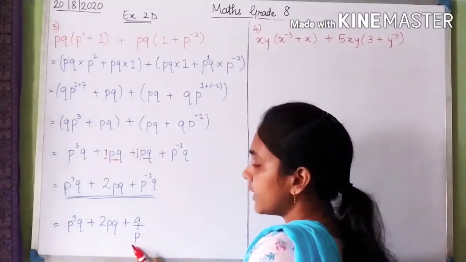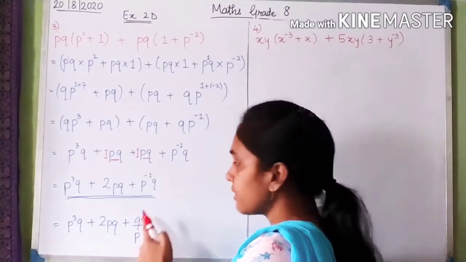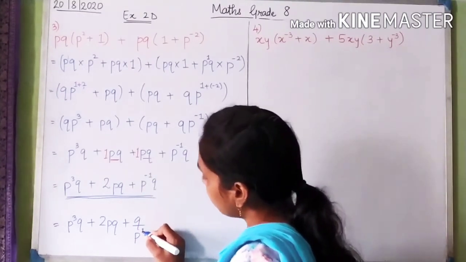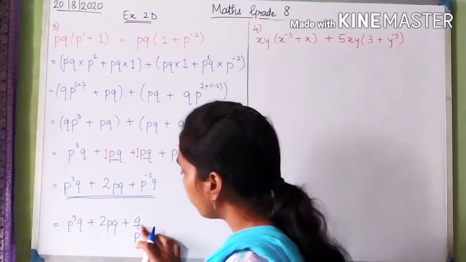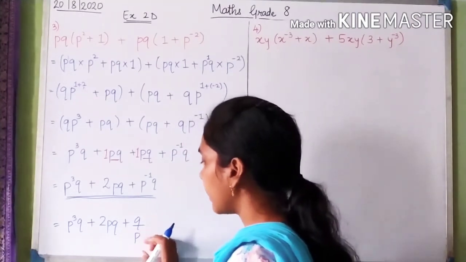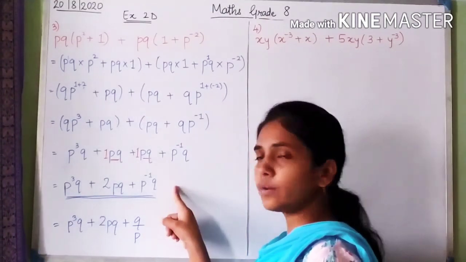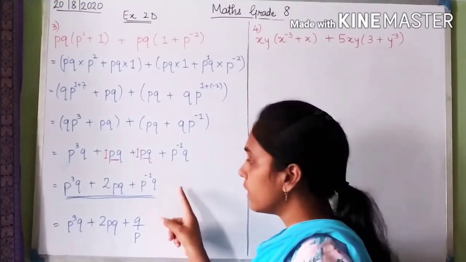So when we take it down in the denominator, the negative sign goes away and P is raised to power 1. It is okay if I don't put the power if it is 1. So you can write the answer in this way also, or in this way also. Both are correct.